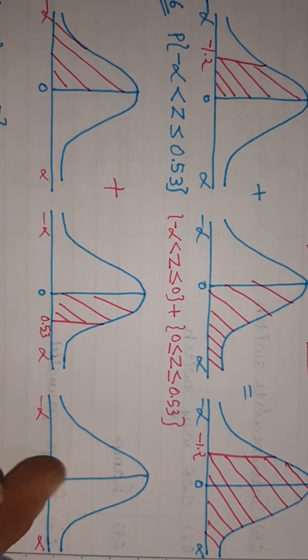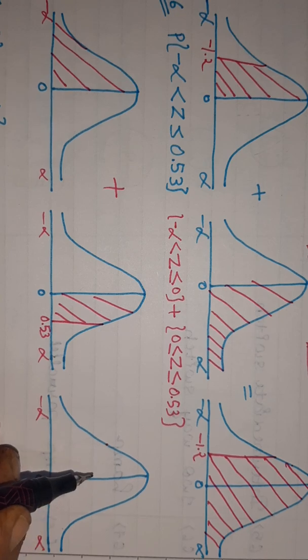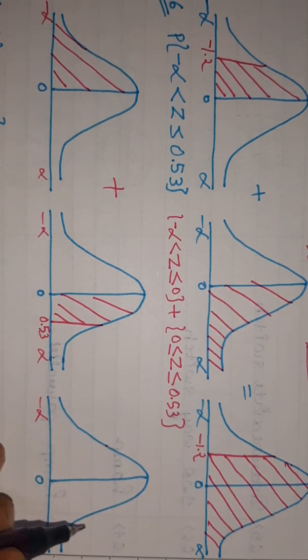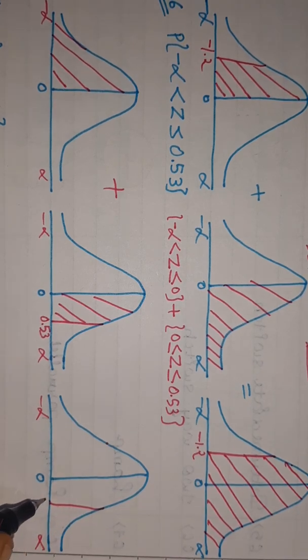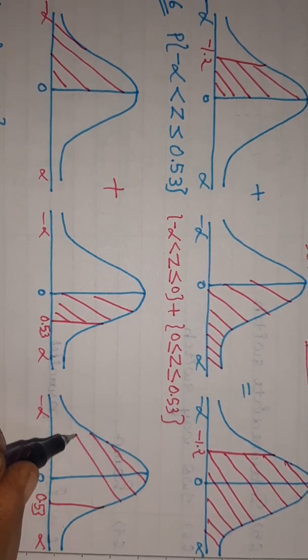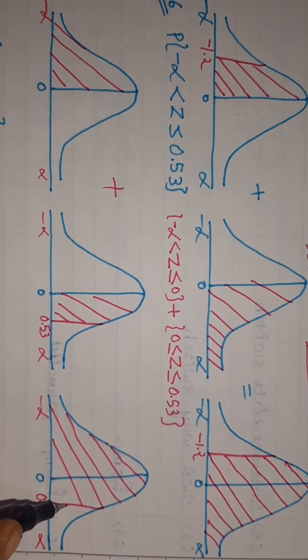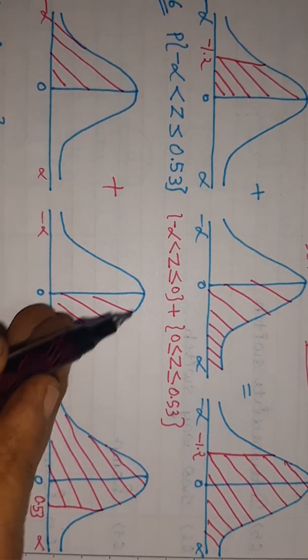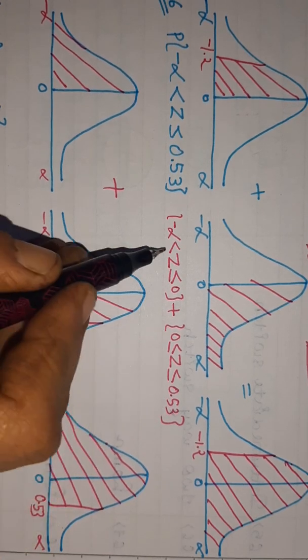So now we add these two and show it. This is minus infinity to positive 0.53, and the area will be this full area this way. Now we see in the Z table.